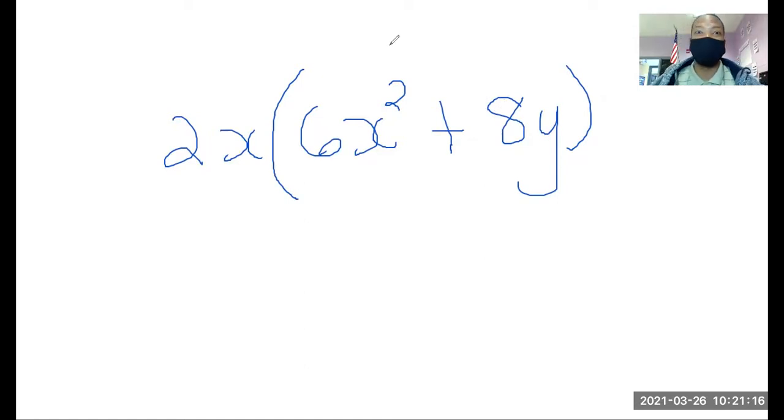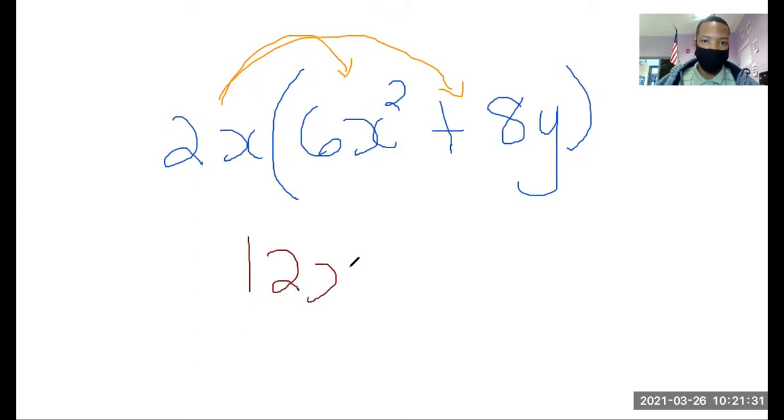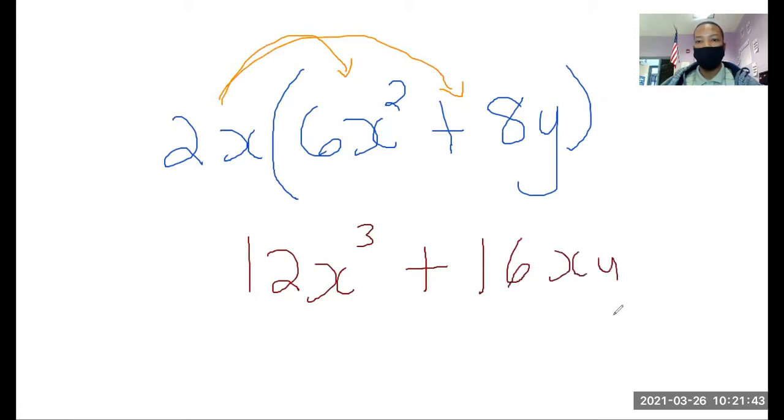So we do 2x times 6x squared, which would give us 12x cubed, plus 16xy.